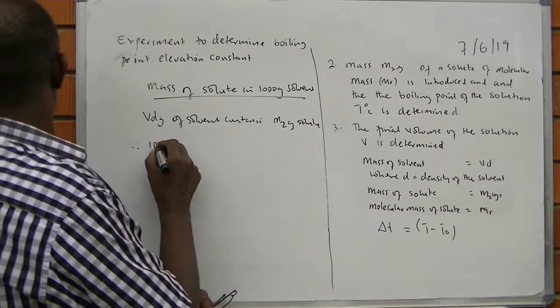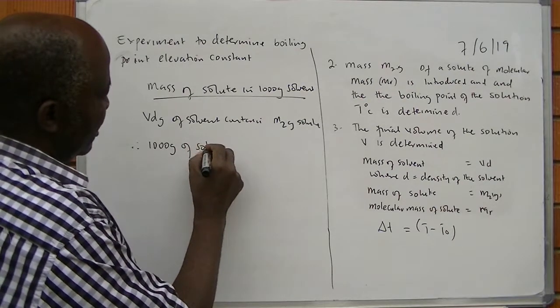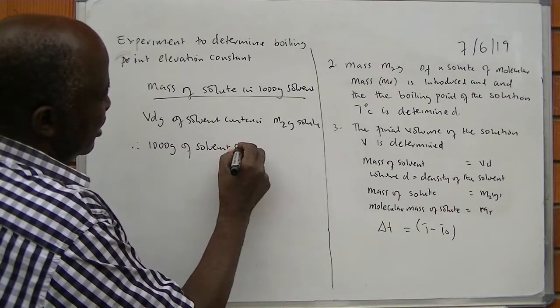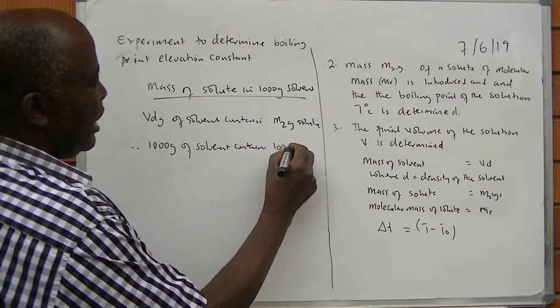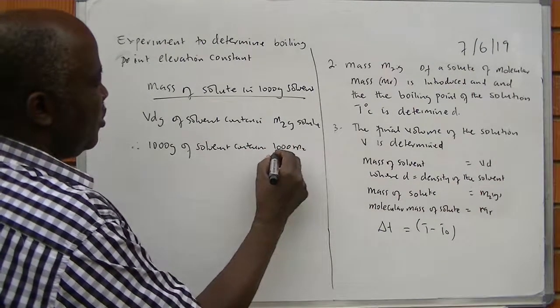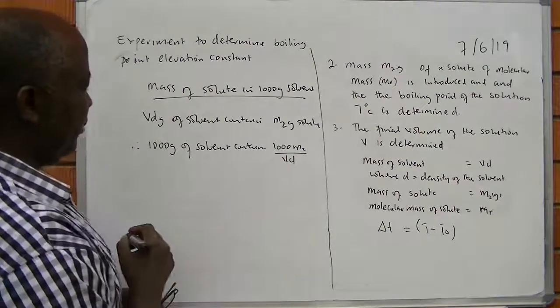Therefore, 1,000 grams of solvent contain 1,000 M2 over Vd.